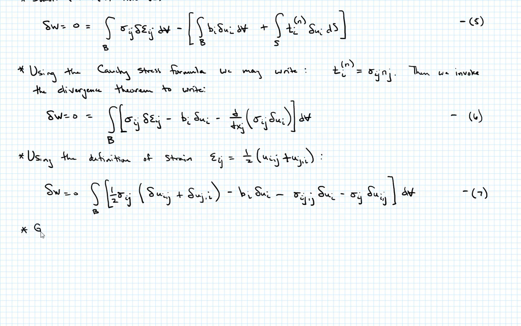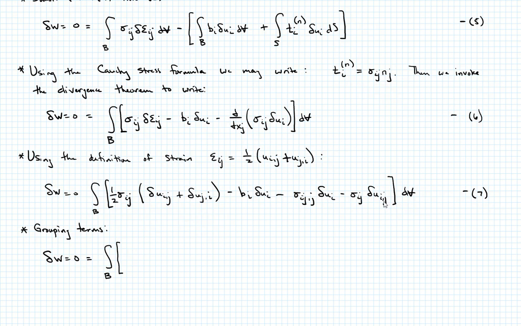I'm just going to now group like terms. So grouping terms, I end up with delta W equals 0 equals the integral over the body. I have a 1/2 delta ui comma j and a delta uj comma i multiplied times sigma ij, and over here I have a minus sigma ij delta ui comma j.